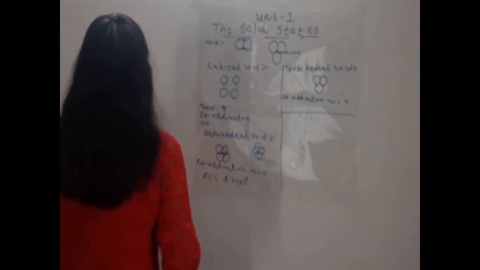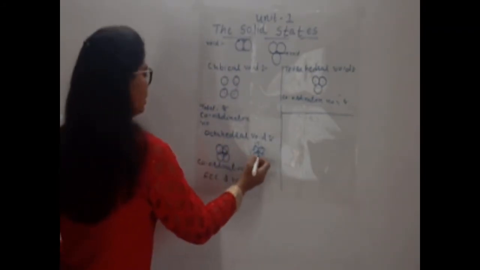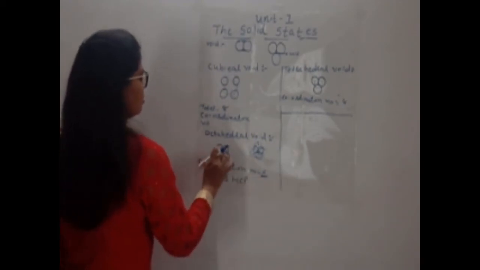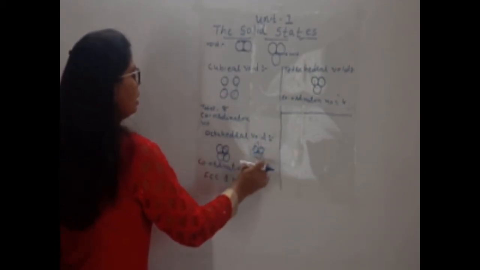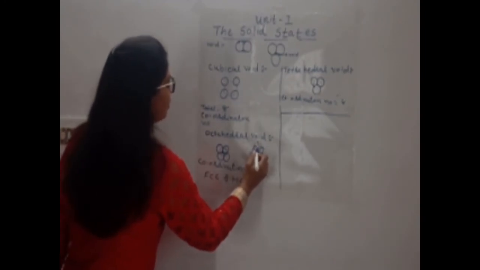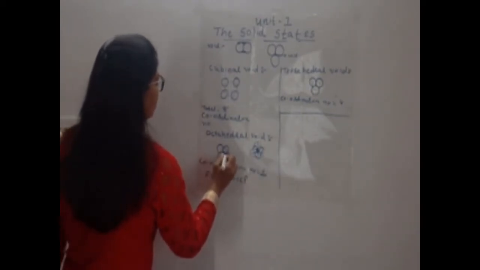So this is the way the octahedral void is developed. You can understand that here also the coordination number is 6, but the arrangement can be different to develop that octahedral void. This which has developed here is known as the octahedral void, which can be seen over here also.